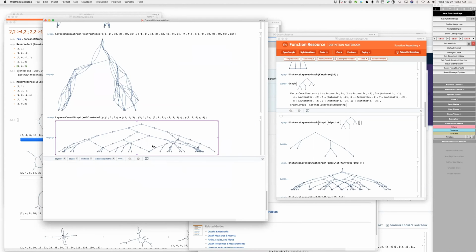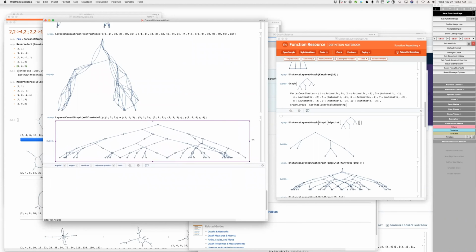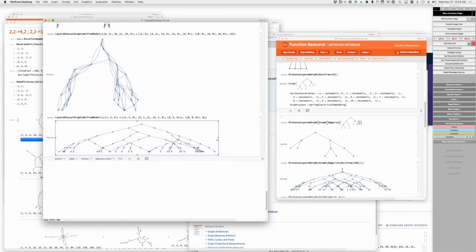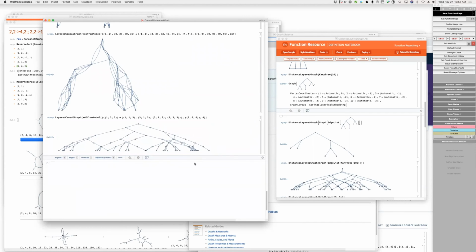the fact that this thing didn't untangle itself. Well, it's unavoidable. Spring electrical embedding cannot find the global minimum every time. I mean, it happens with grids as well. Yeah. Well, because it's a tree, you think.